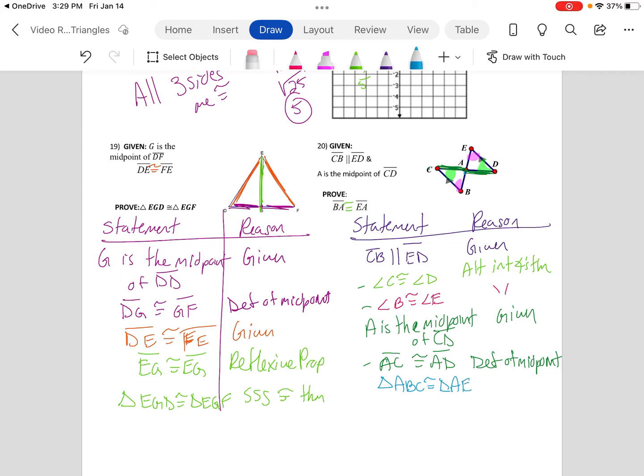B was congruent to E, so that's got to be an E. And then D, and this is going to be by angle, side, angle congruence theorem. Knowing that, if those two triangles are congruent, I know BA would have to be congruent to EA because corresponding parts of congruent triangles are congruent. And that's it.